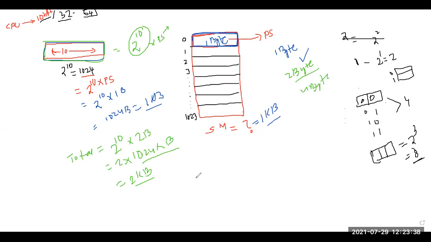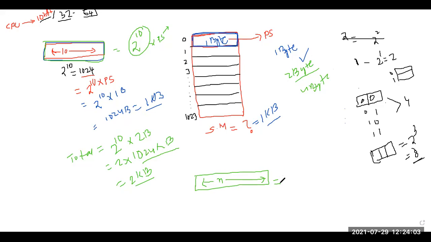Now in general, if the CPU is generating n bits for address calculation, the CPU is supporting n bits for address calculation, then what is the maximum number of different locations that can be generated?